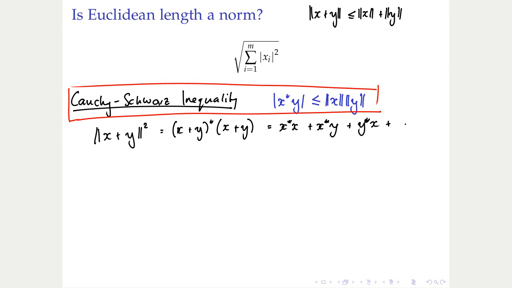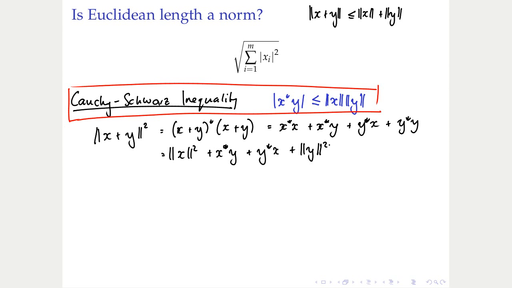You should recognize a couple of those terms. x star x is just the norm of x squared, plus the norm of y squared.